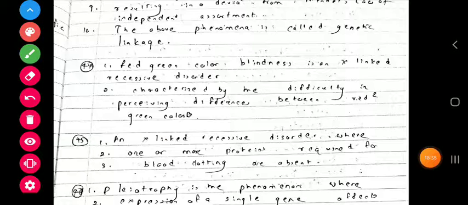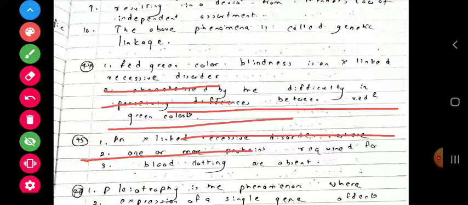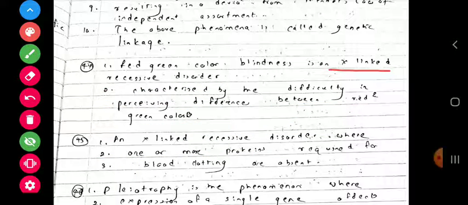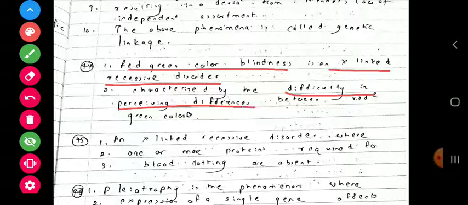Now let's go through the other definitions very quickly. Red-green color blindness is an X-linked recessive disorder characterized by the difficulty in perceiving differences between red and green color.